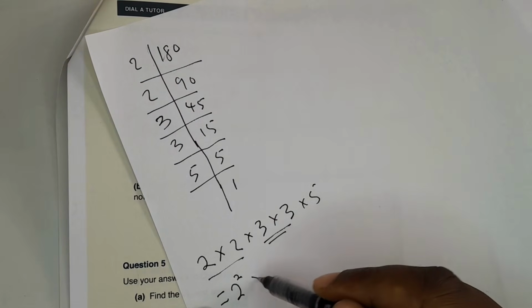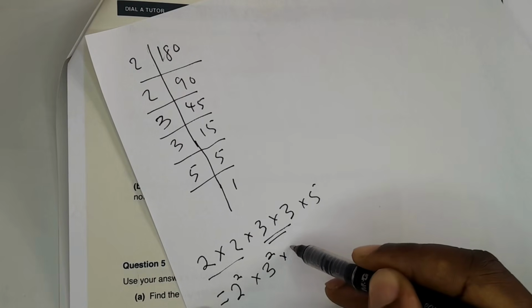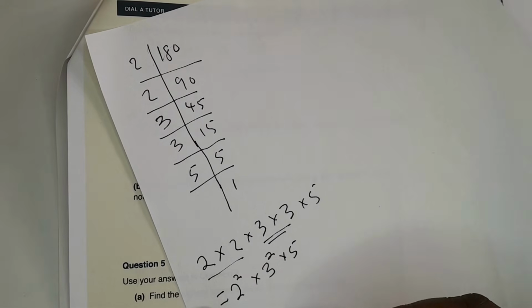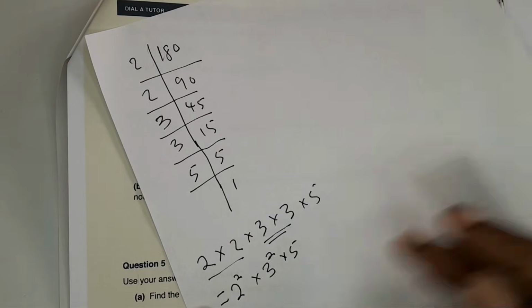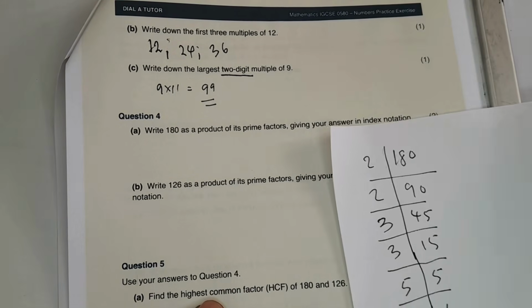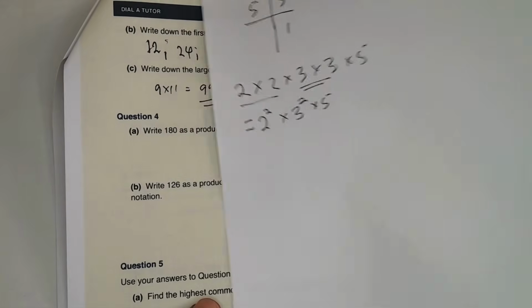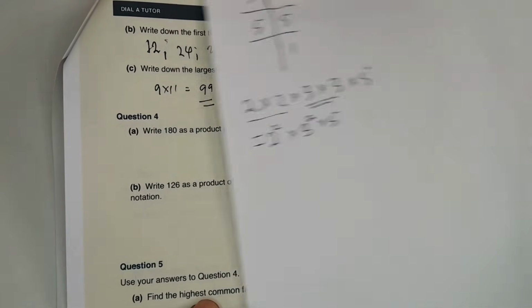This can also now be written as 3 to the power of 2. And finally, you have 5 to the power 1, which can be left like that. So hence, 180 as a product of its prime factors, giving the answer in index notation, will be 2 to the power 2, 3 to the power 2, and times 5.